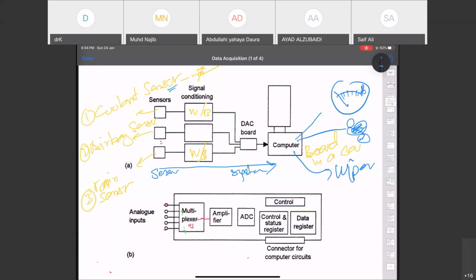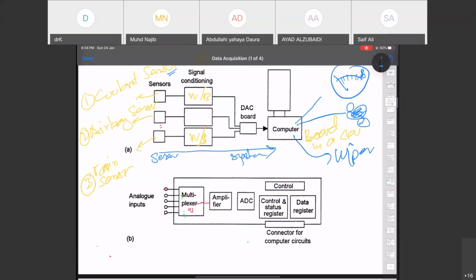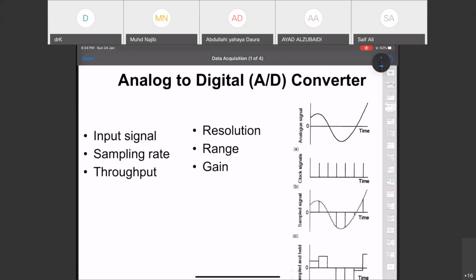All right, so the question requested by Abdullah here, I think I already tried to answer that. Now we are looking at the ADC. If you still remember the boxes that I mentioned, 1, 2, 3, 4, this is box number 3.